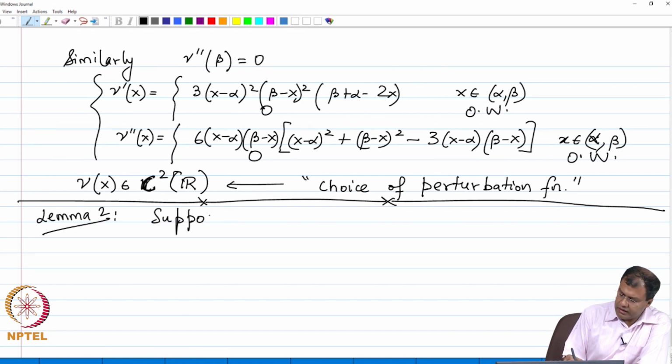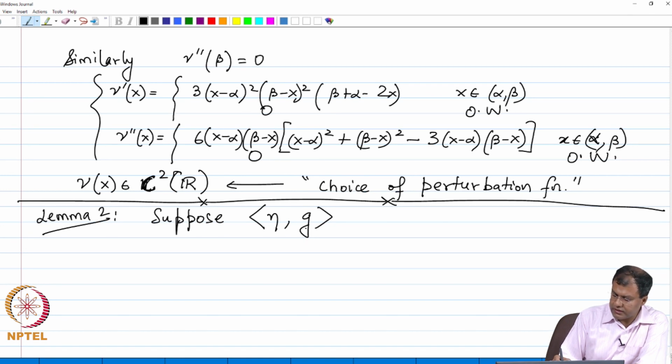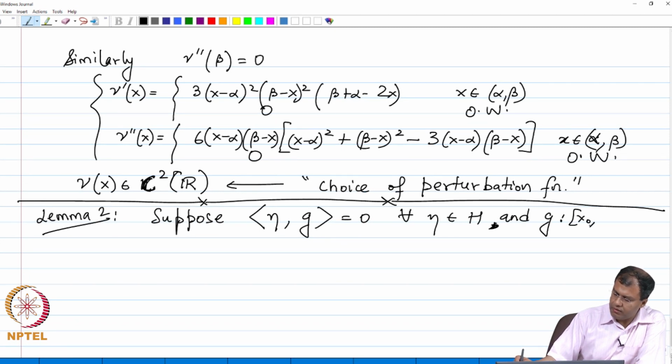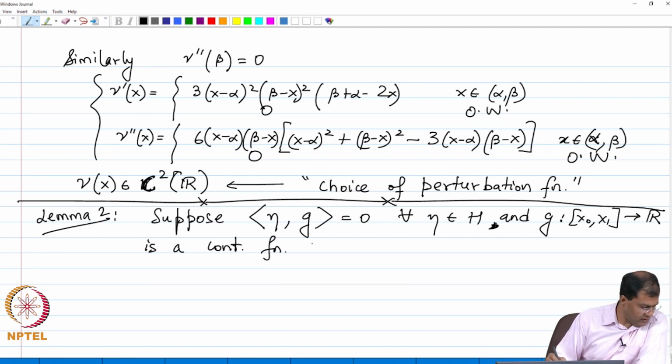Suppose I have that the inner product of the perturbation eta with respect to g, any second order differentiable function g, is 0, where eta is an arbitrary perturbation, and g is a function from x 0 to x 1 to R, a continuous function.